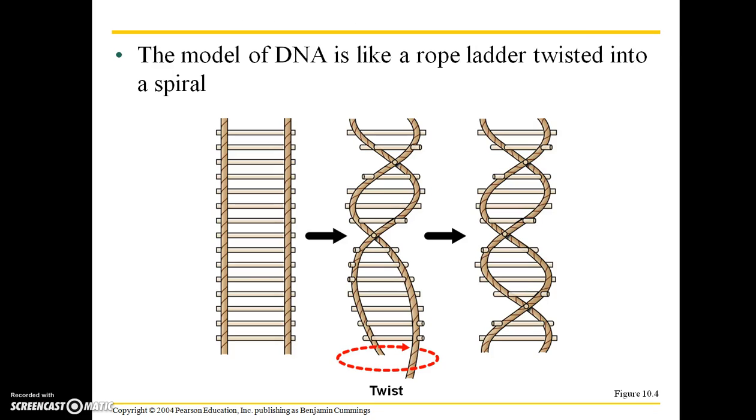The model of DNA can be likened to a rope ladder that's twisted into a spiral. So we have the 2 strands here made up of that sugar-phosphate backbone, and the rungs of the ladder would be the nitrogenous bases, and those nitrogenous bases pair with one another and hook up in the middle.